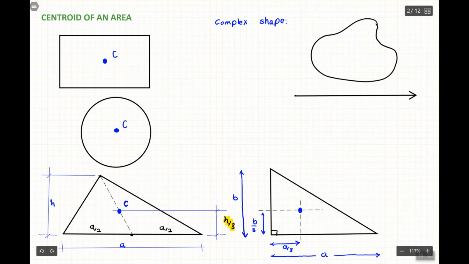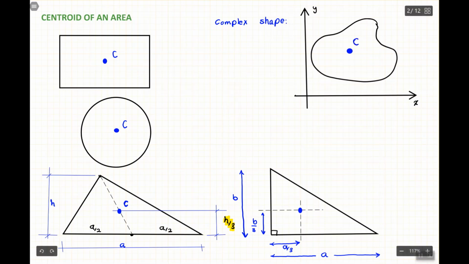Let's call this one x and y axis, and if this one is x and this one is y, let's say our job is to find the centroid of this complex shape.